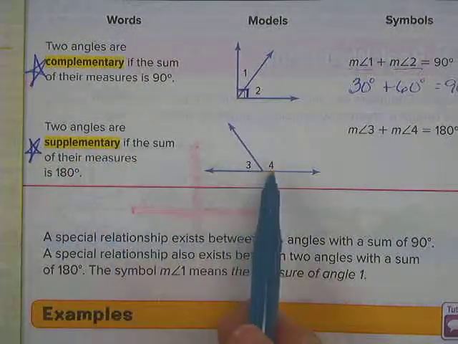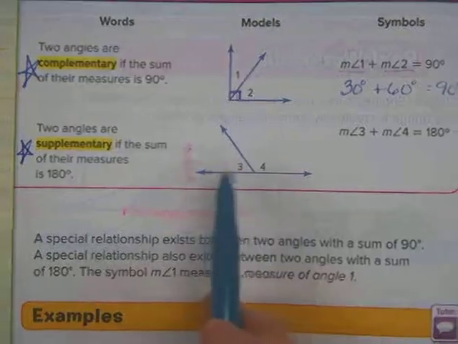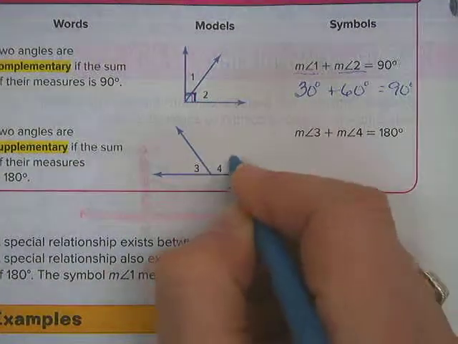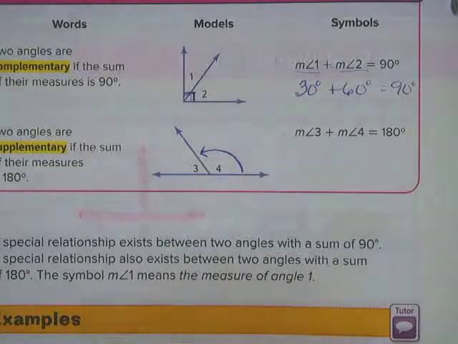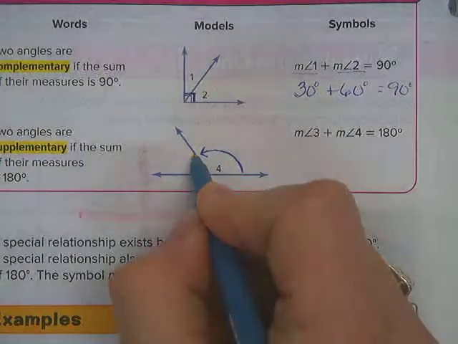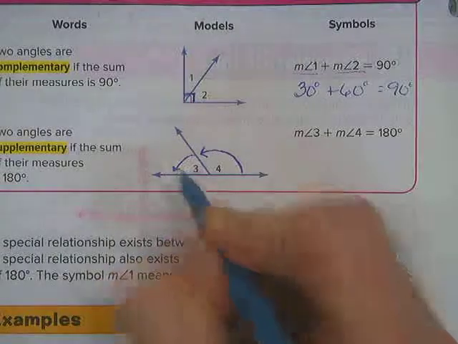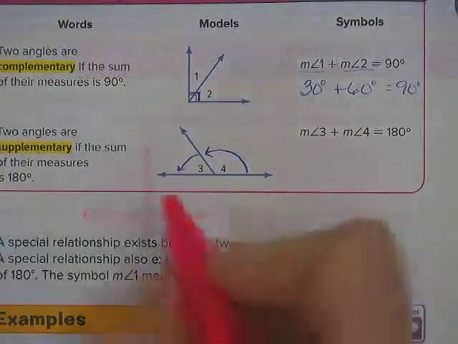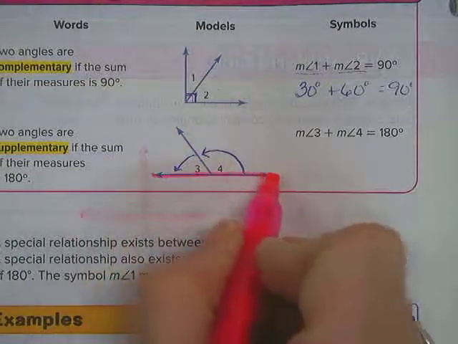Supplementary is when the two angles add up to be 180 degrees. So here's our picture. So please draw in these arrows. So if we rotate angle 4 and then continue on to rotate angle 3, it makes up a complete straight line.